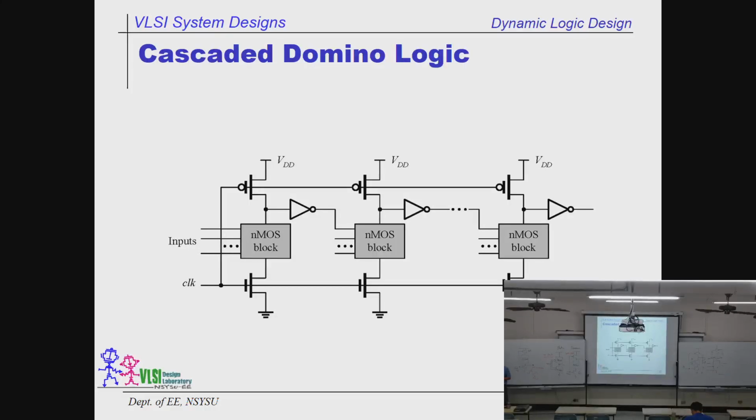Because of the inverter sitting between any two adjacent blocks, they can be directly cascaded together without any functionality problem. So this is how it works. You can use a single clock to drive many domino logic stages. Just remember to add one inverter between any two adjacent dynamic logic blocks, and then it will work.